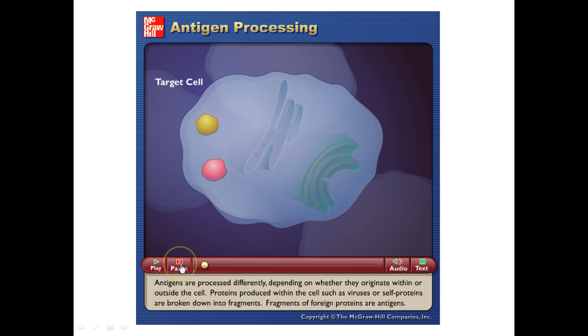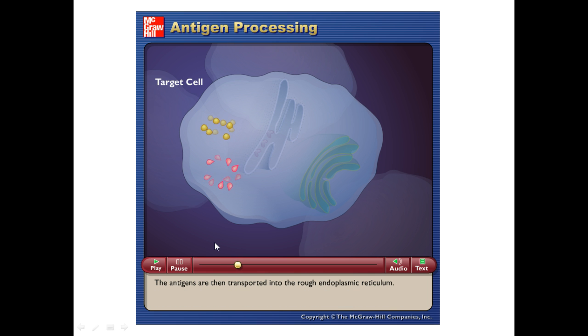Antigens are processed differently, depending on whether they originate within or outside the cell. Antigens from within the cell, such as viruses or self-proteins, are broken down into fragments. Fragments of foreign proteins are antigens. The antigens are then transported into the rough endoplasmic reticulum.